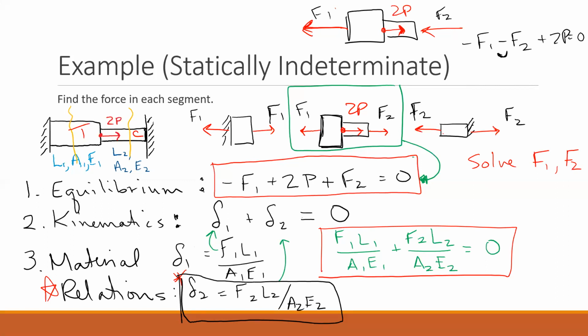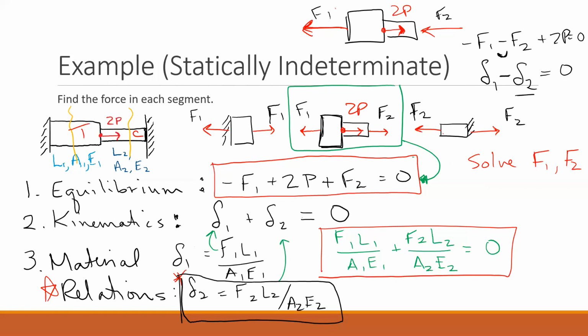So you need to also account for it in your kinematics equation. What's going to end up happening is you have del 1 minus del 2, because you know that del 2 is going to be compression, but it's going to be expressed as a positive number, equals 0.